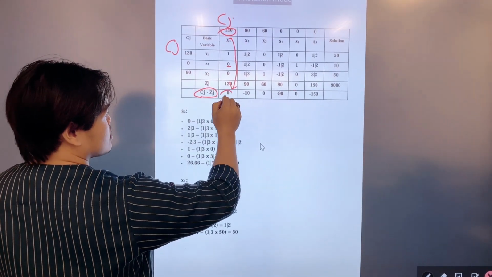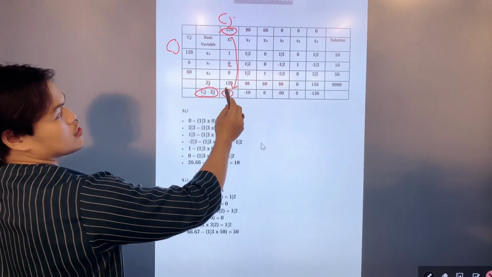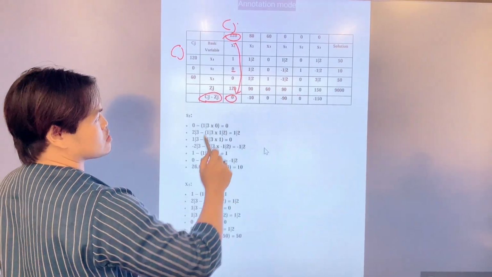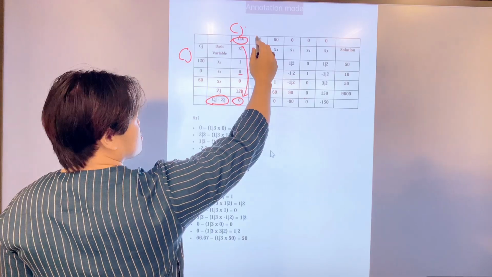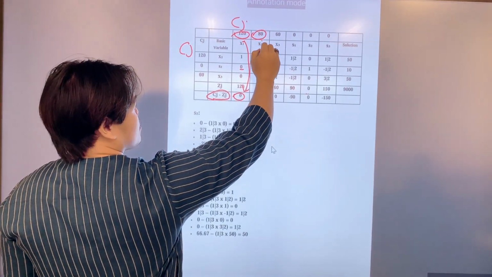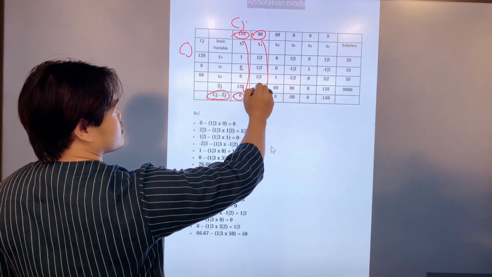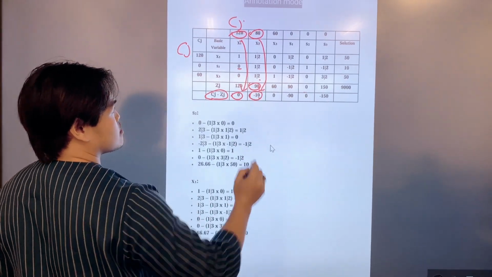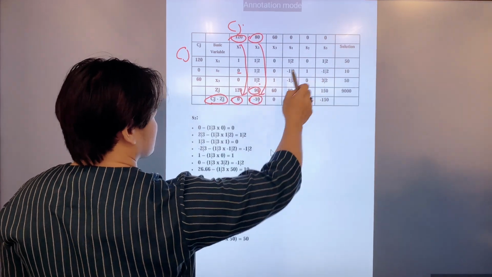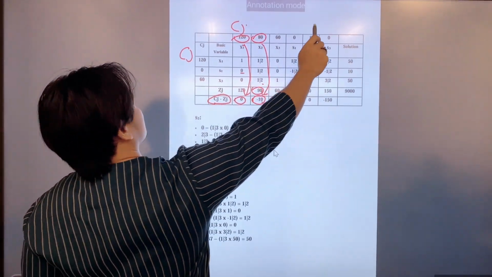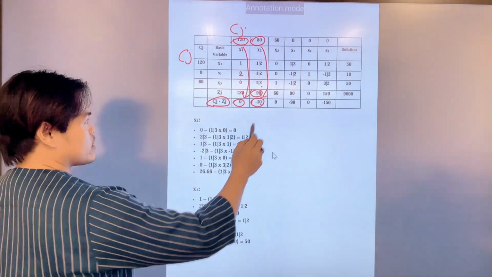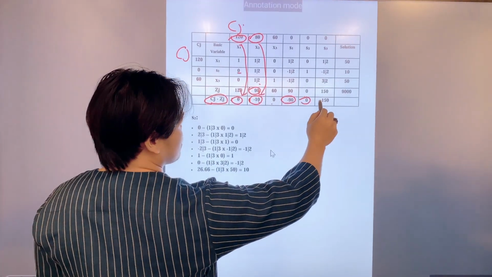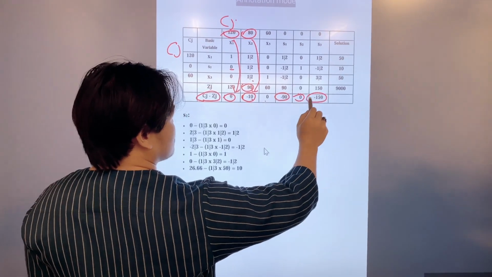So we get 100 minus 120, and then we get 0. Same goes to this area: 80 minus 90, and then we get negative 10. We do the same thing to the next columns. So we get 0, negative 90, 0, and then we get negative 150.